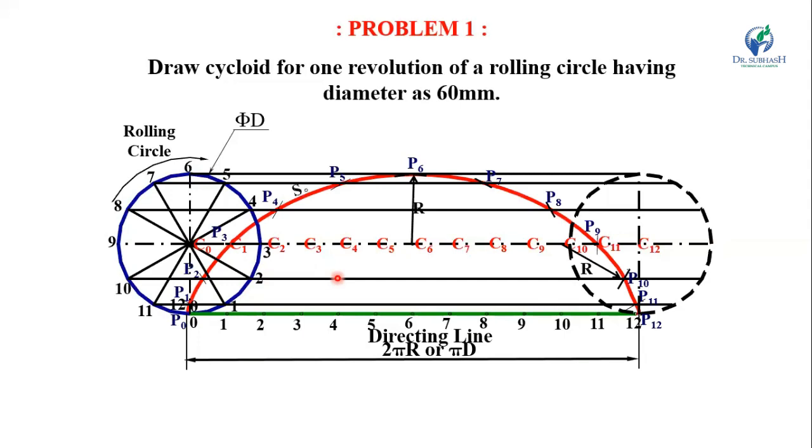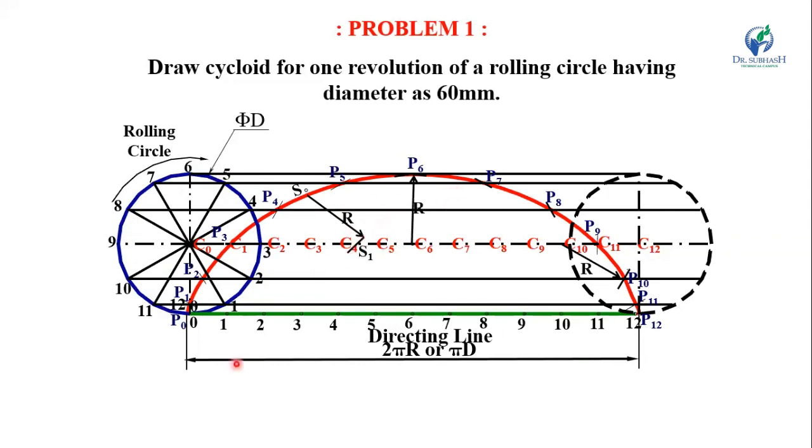Okay. Now if you want to draw the tangent and normal at this point S on this curve, then first of all take S as a center and, with radius equal to the radius of the rolling circle, draw an arc which will intersect the center line at point S1.